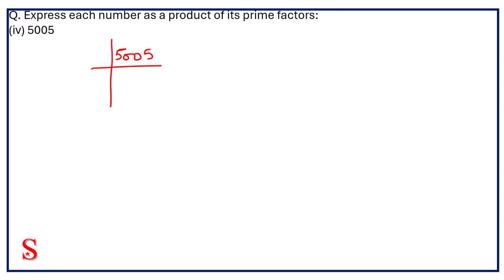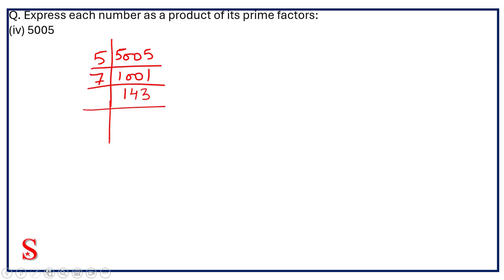5005. First of all, we'll check whether it is divisible by 3 or not. As I can see, it can't be divided by 3, so we'll try with 5. Now it's an odd number, so you can try dividing it with other odd numbers, and of course we'll start with the smallest odd numbers. So it would be divided by 7.